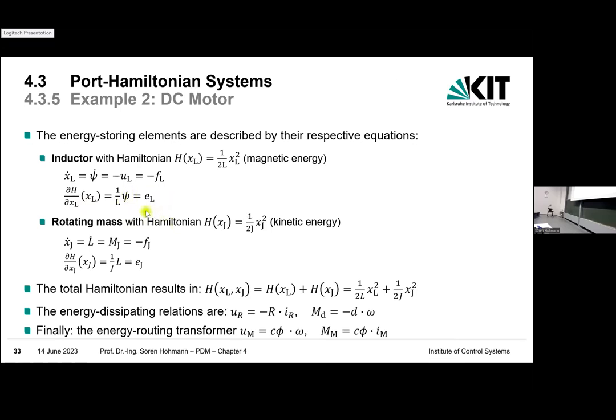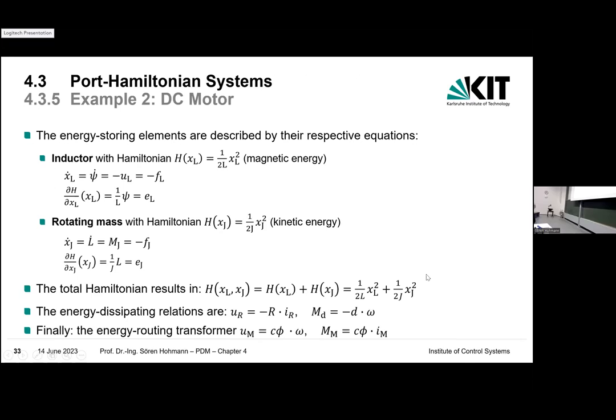We have a rotating mass as the second storage element, which is kinetic energy. The same story applies as before, just in the rotating framework. The total energy is the sum of the magnetic part and the kinetic part.